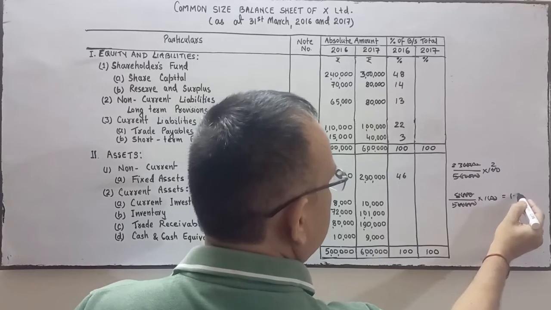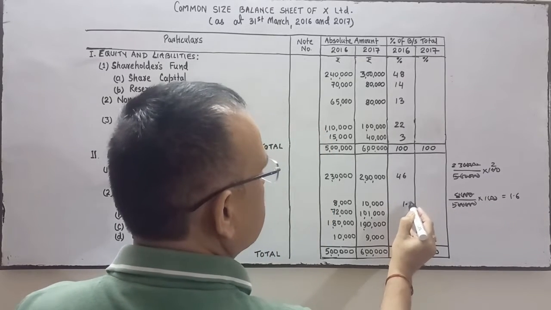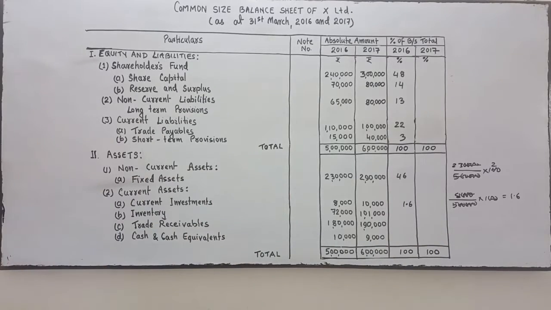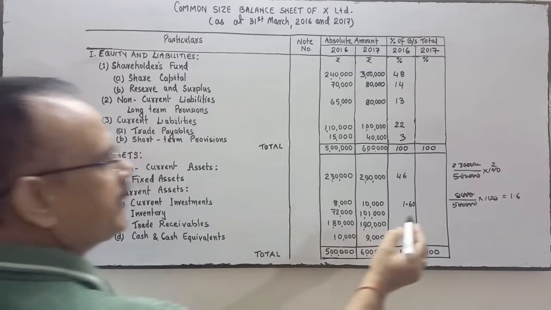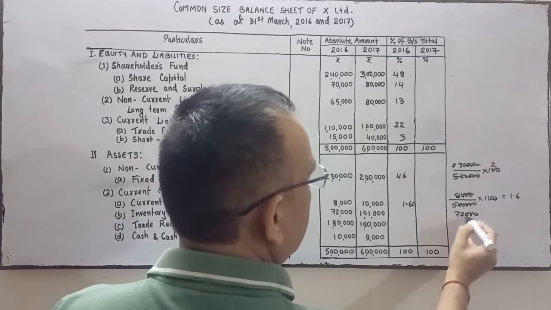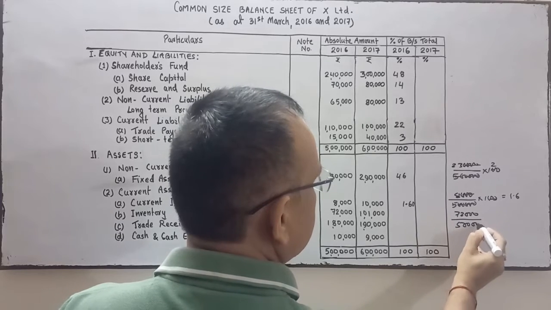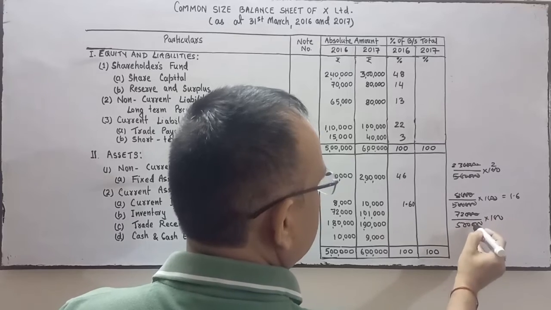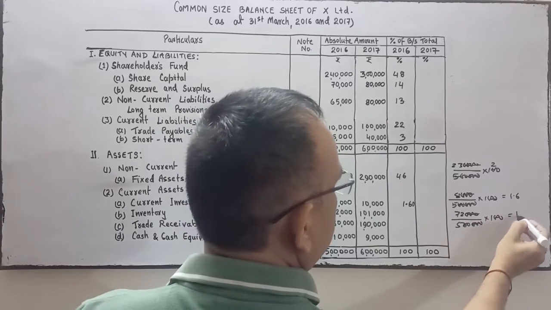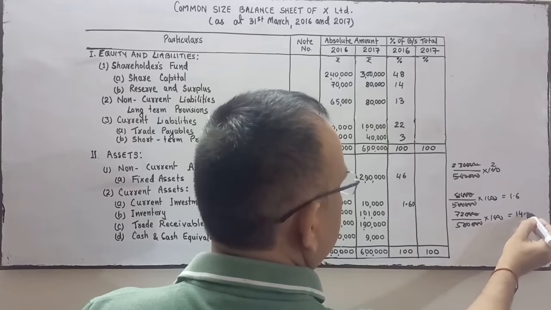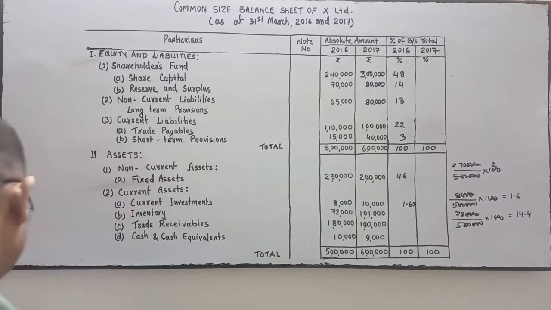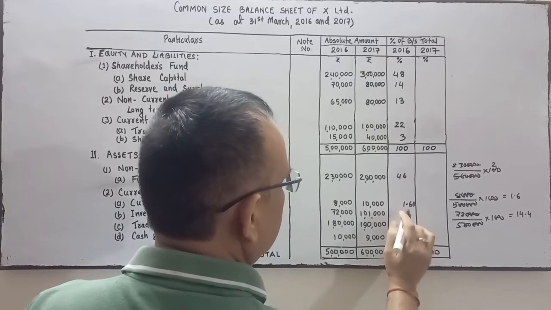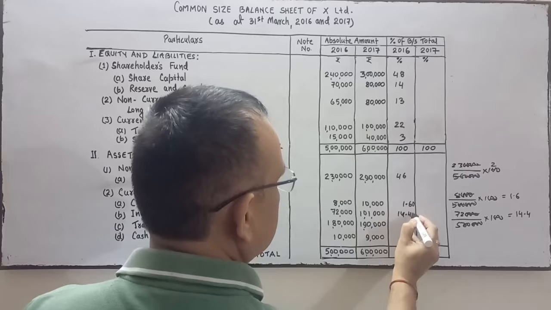So it is 1.60%. Now coming to inventory, it is 72,000 upon total assets of 5 lakhs, into 100. So it is 14.40%.